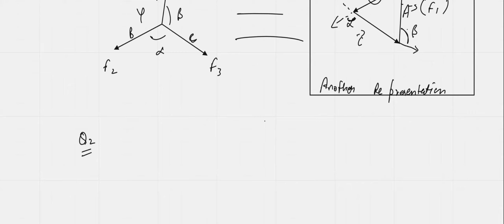So the problem is, we are given three vectors. Given A vector plus B vector plus C vector, the resultant comes out as 0.